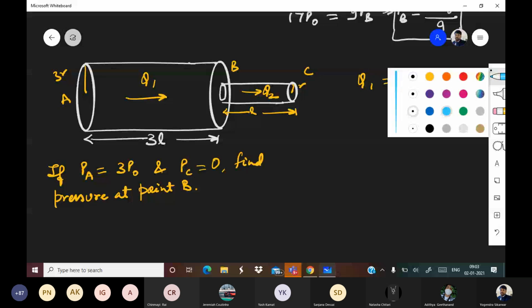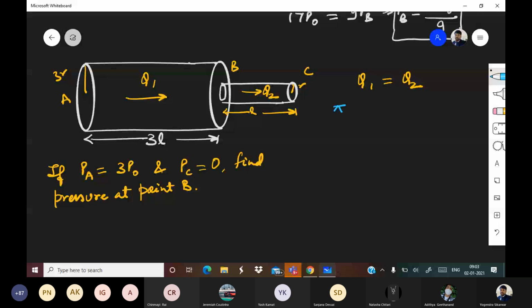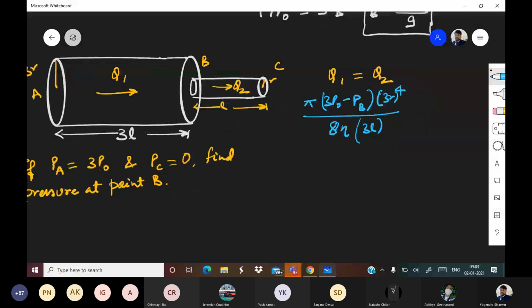Pi delta P is PA minus PB, and that will be 3P naught minus PB, times pi R to the power 4, so (3R) to the power 4 upon 8 eta into 3L, because the length of this side is 3L, and that must be equal to pi into delta P, which will be PB minus 0, into R to the power 4 upon 8 eta into L.